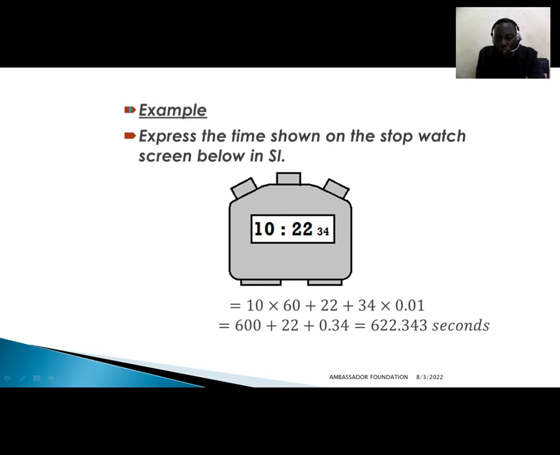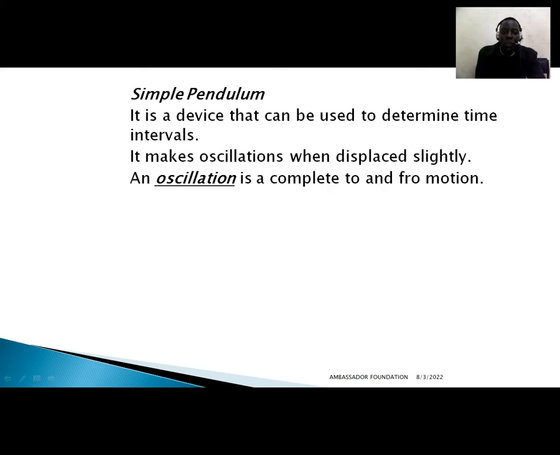So the seconds here is 22.34 plus 600 to get 622.34. Ignore these other 3 seconds. That is it.